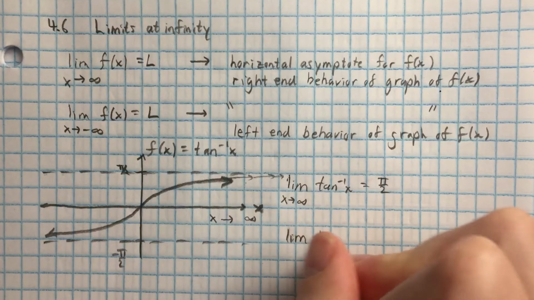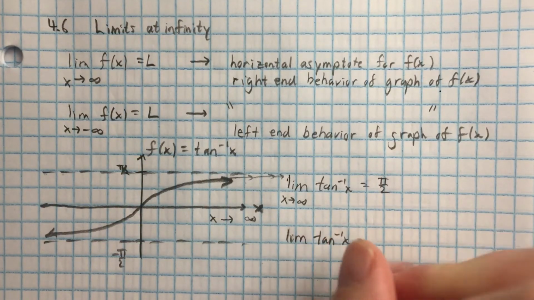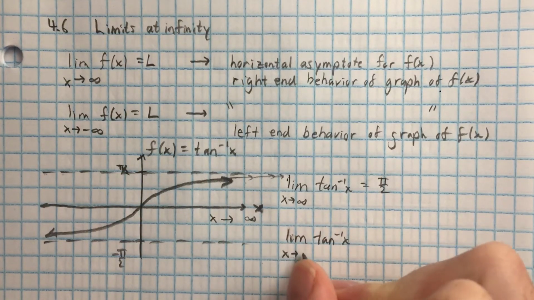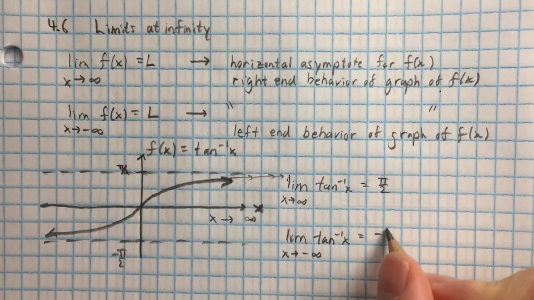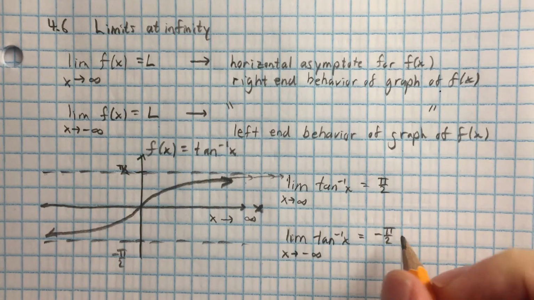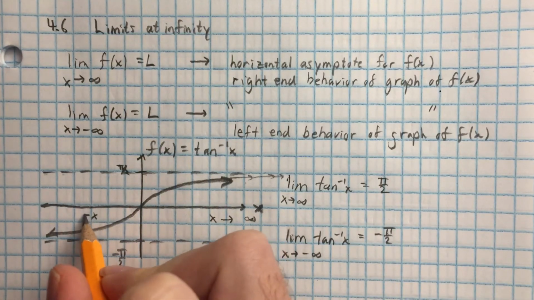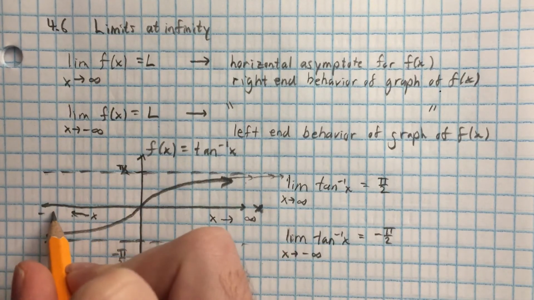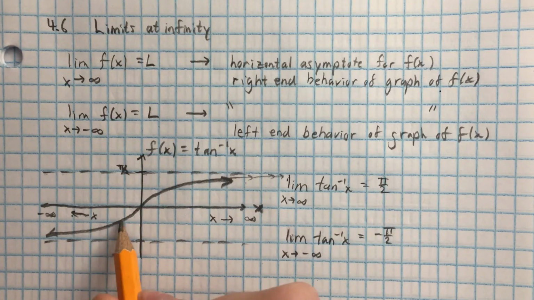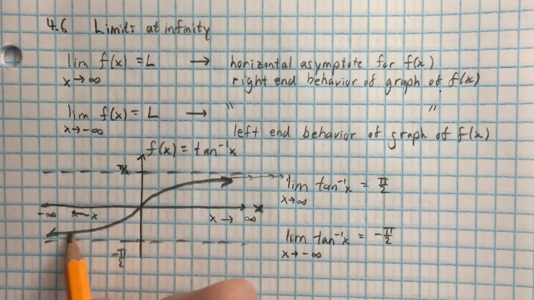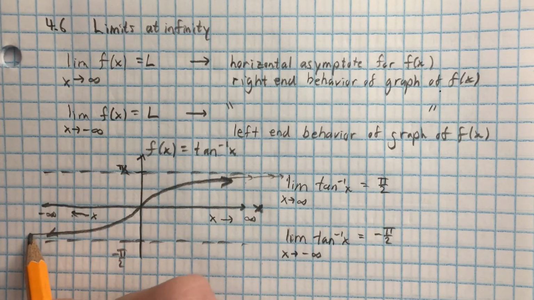Limit of tan inverse as x approaches negative infinity is then negative pi on 2. Should be pretty clear from the picture now. Right? As x goes very far out to the left, towards negative infinity, meaning further and further, and the function glides down these values, heading closer and closer.